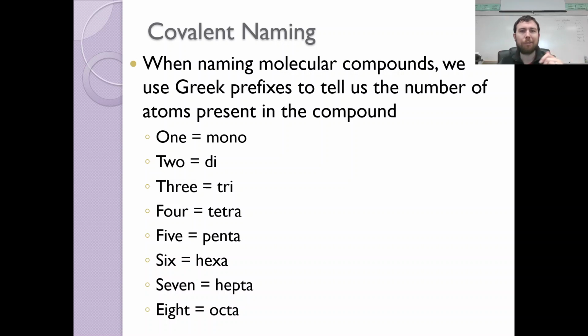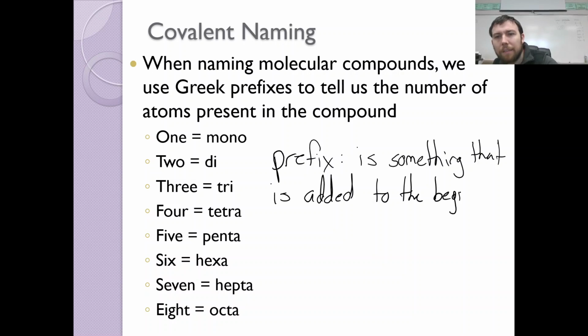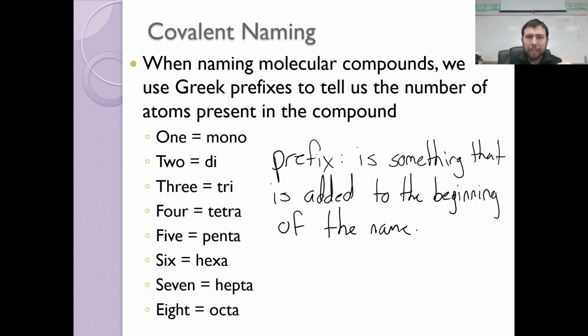Now, one thing that I want to mention, I used the word prefix, and a prefix is something that is added to the beginning of the name, something that comes before something.